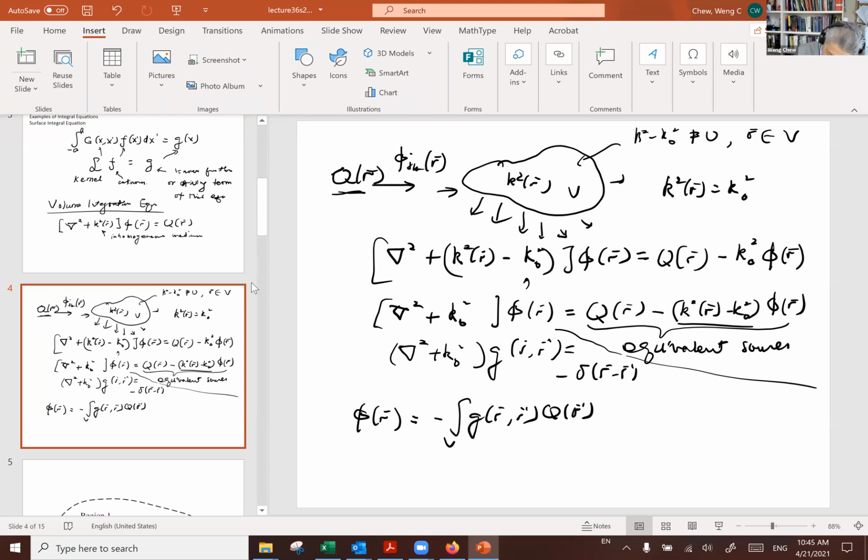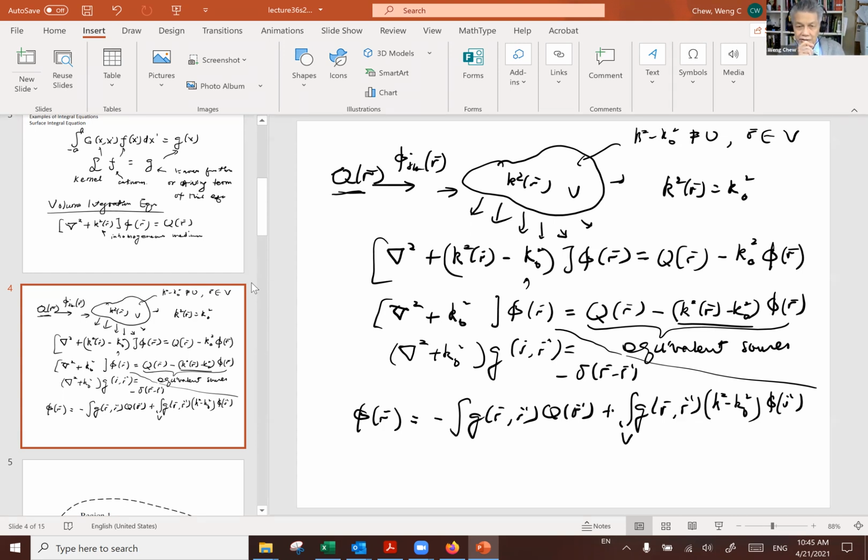Okay, so actually this is over this volume over here. And then the second term would be the convolution of the Green's function with k squared minus k naught squared phi of r prime over V. Okay, can you see that?